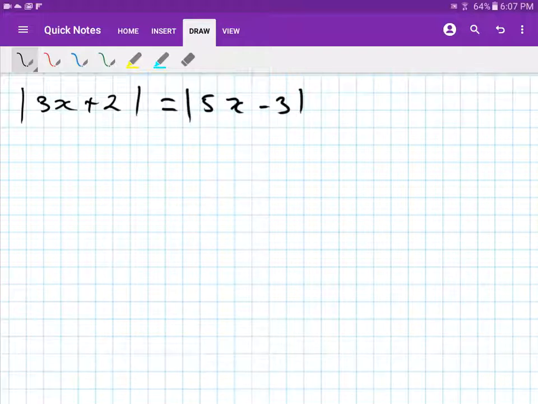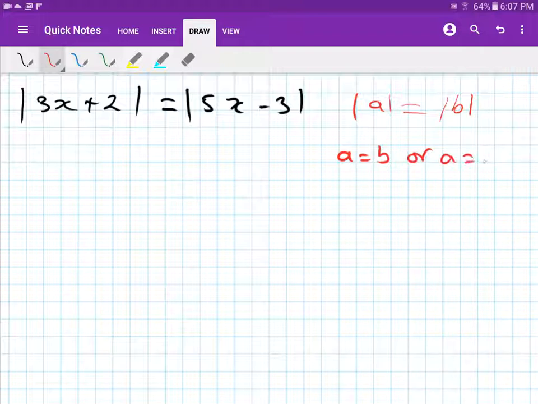Now let's just recall a little bit of facts about absolute value first. Let's say absolute value of A is the same as absolute value of B. Now this means that A equals B or A equals negative B, or negative A equals B or negative A equals negative B. So that's the 4 possible equations.